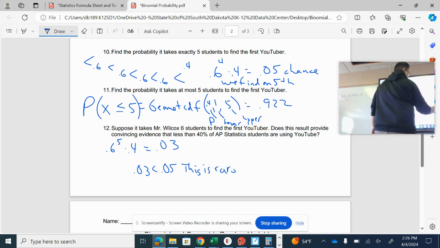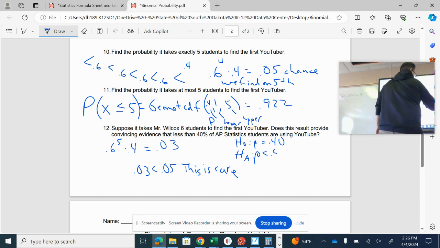Now think of it like a hypothesis test. The null would be that it is 40, and the alternative is that it's less than 40. You wouldn't have to write this, but this is rare. We would reject the null.